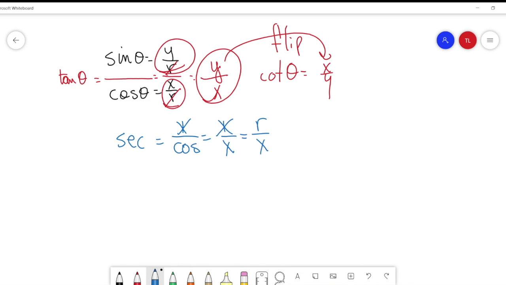R over x. Okay? Cosecant. That's 1 over what? Now, since we're not in a unit circle, R over y. That's how easy it is to learn. Now, we got to do this one.